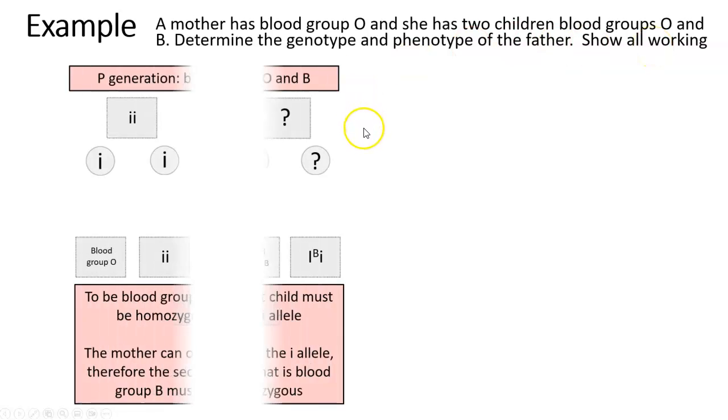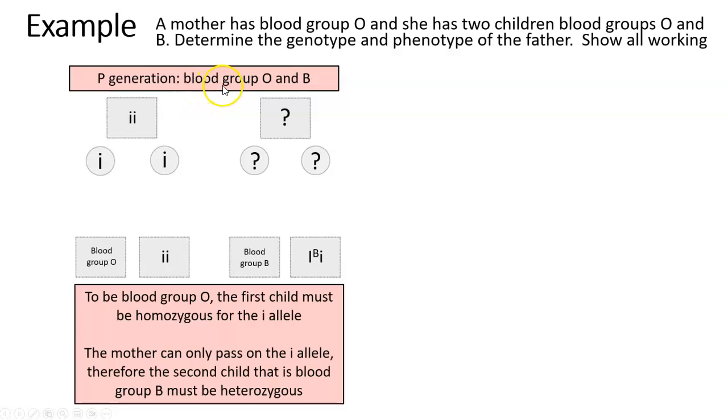So the first thing we are told is that the mother is blood group O, so that's two lowercase i's. We don't know the genotype of the father, and that's what we want to work out. But the clues that we are given are that the children are blood group O and blood group B. So we know the phenotypes, which I've written in these boxes.